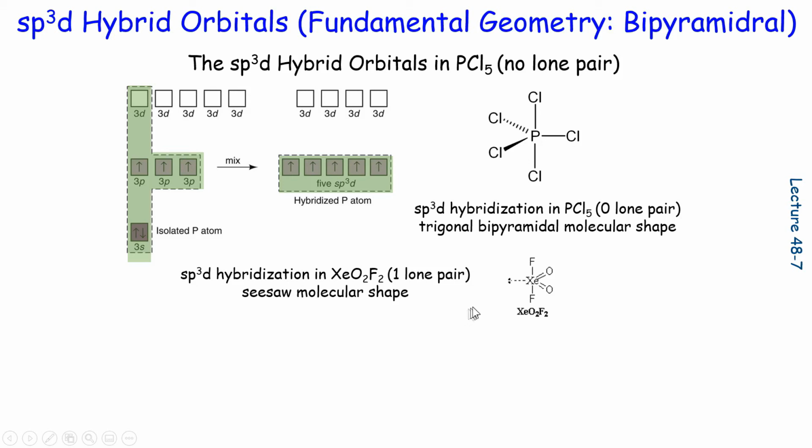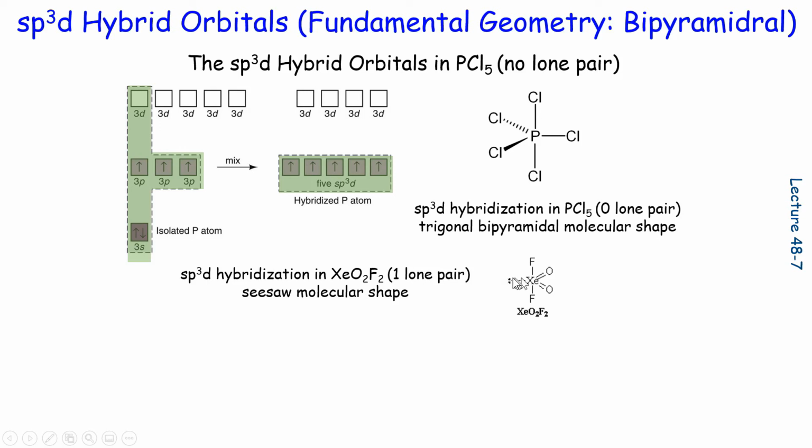If there is one lone pair, like in this XeO2F2 molecule, then the molecular shape is no longer trigonal bipyramidal anymore. However, the electron geometry would stay the same. The electron geometry here is trigonal bipyramidal, but the molecular geometry, one of those 5 hybridized orbitals is occupied by a lone pair, not by an atom.